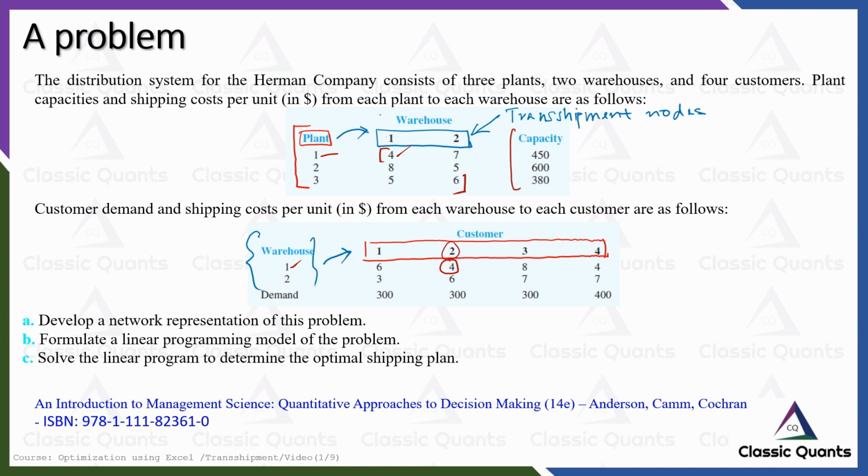And these are the capacities of what? Capacities of plant. So for example, 450 is the capacity of plant 1 and so on. And these are the demands. So for example, 400 is the demand of customer 4, 300 is the demand of customer 1, and so on.